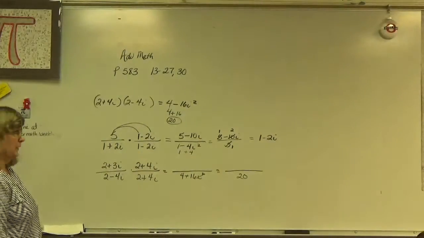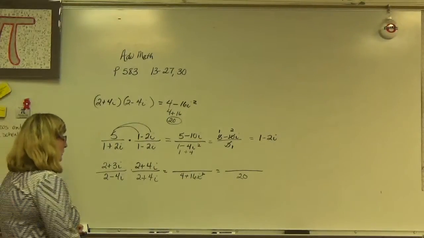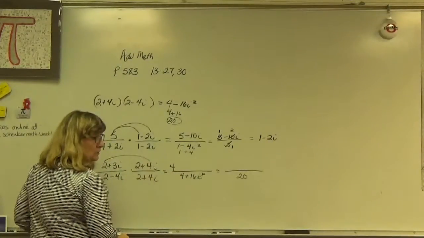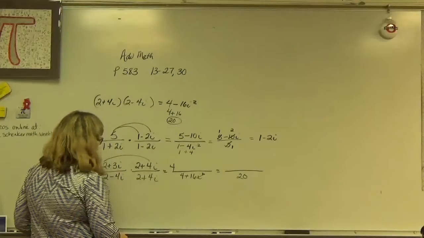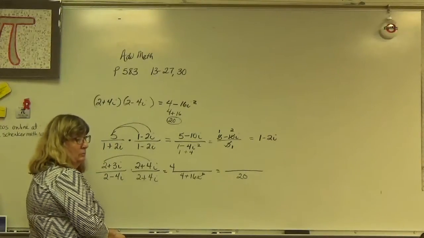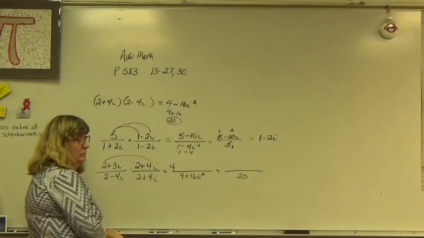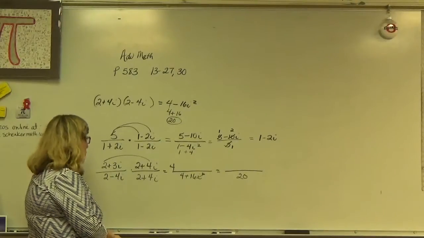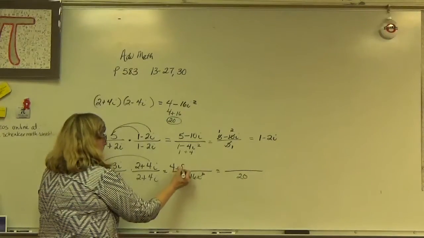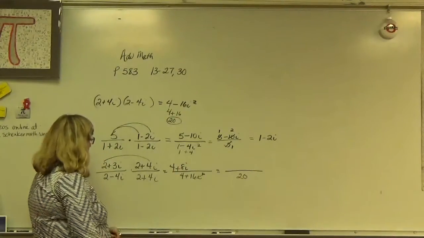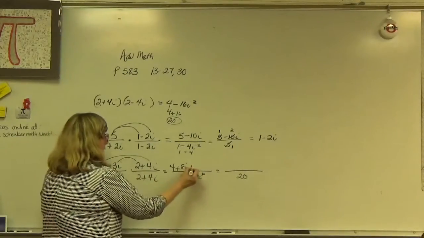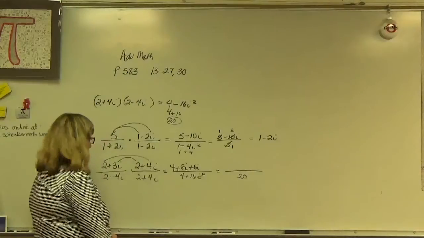Okay, on the top, Becky, first times first. 4. Kara, the outer. Okay, 8i. Okay, Dalton, you got the inner. 6i and plus 12i squared.